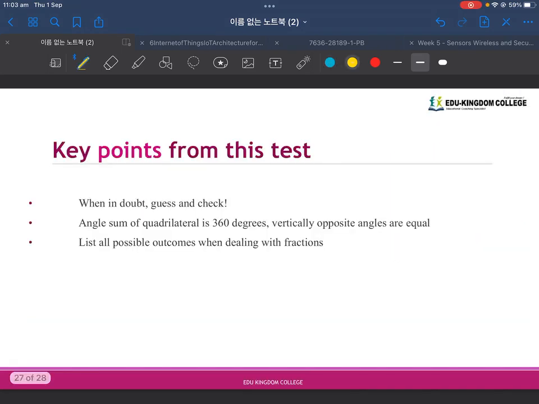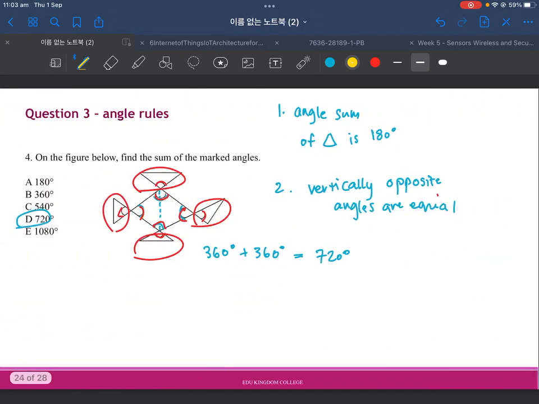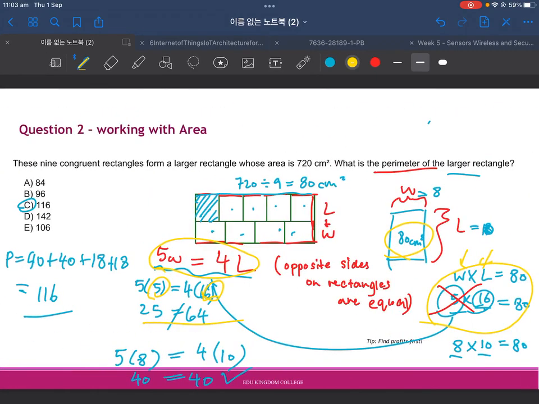Alright guys, key points from this test. Point number 1, when in doubt, guess and check. And where do I pull this from? I pull this from question number 2. Remember how, after finding the area of one rectangle, we had to find the width and length of it, right? And we did that via a process of elimination, using the other criteria, which was 5w equal to 4l, by substituting numbers in.